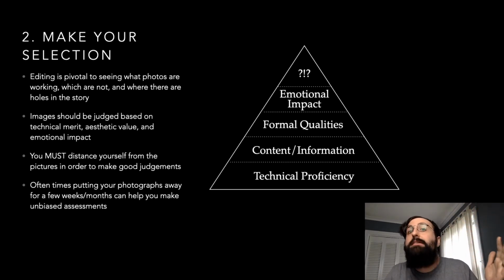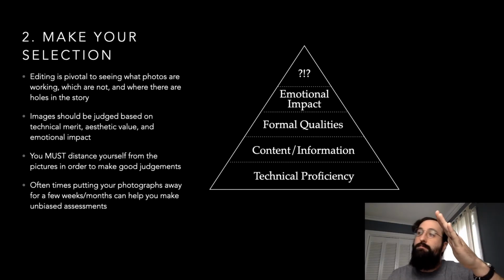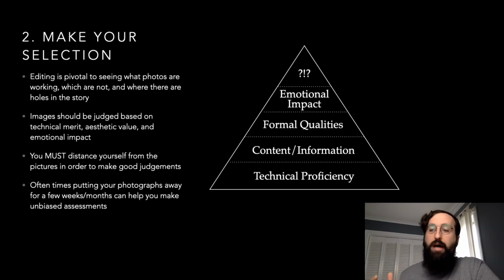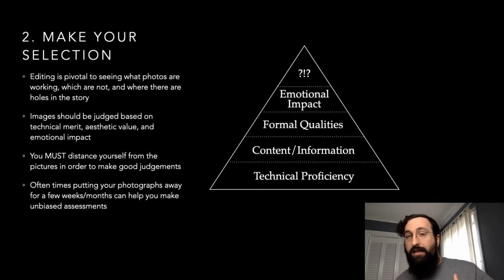Okay, this should be pretty basic, pretty obvious. The next tier is we're going from very concrete to a little less concrete the further we move up the pyramid. I call this emotional impact, and emotional impact is built upon the bottom three components, because what you see in the picture and how it is composed is going to theoretically evoke some sort of emotional reality within you.